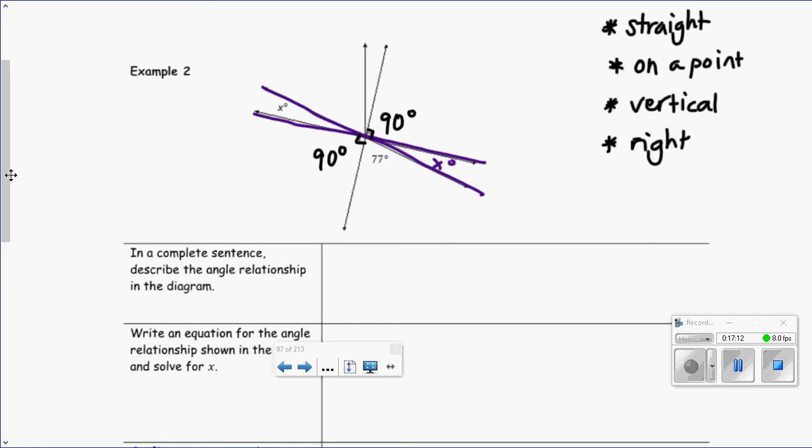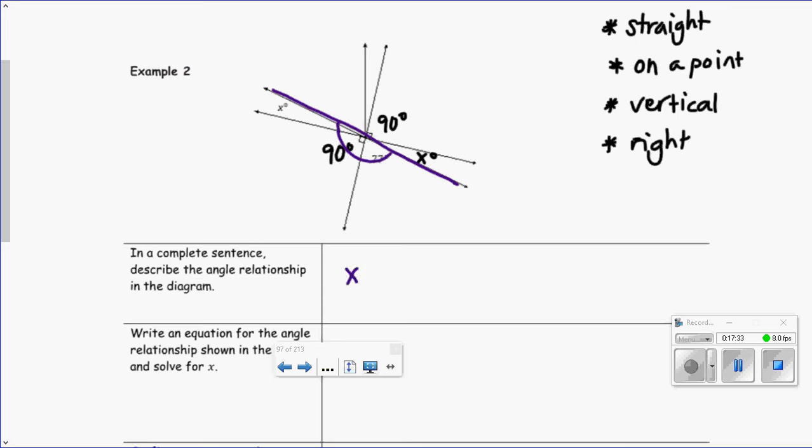So what I'm going to do is erase this so that it's a little cleaner. Okay, so this is 90, 90, and x. I can see that this straight line right here is made up of x, 90, and 77.